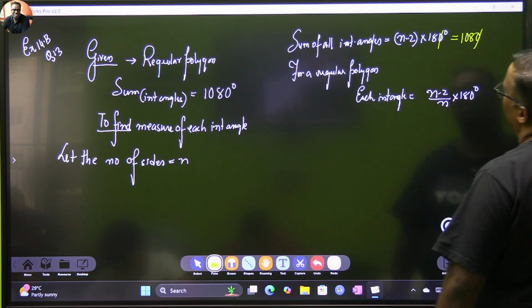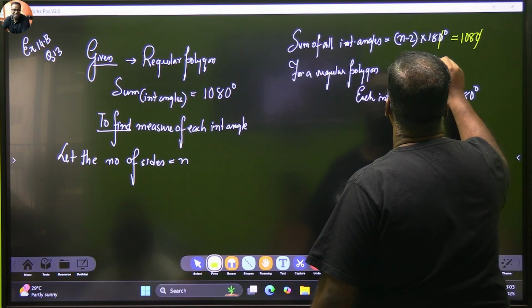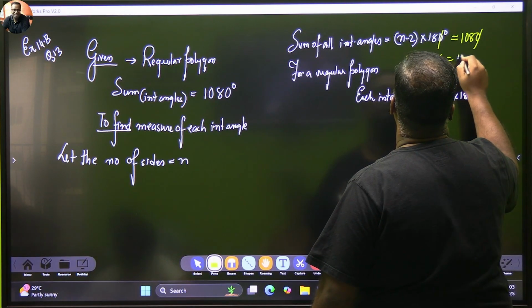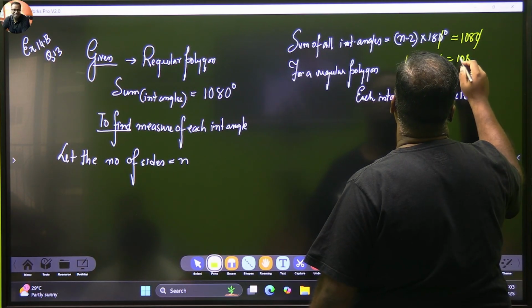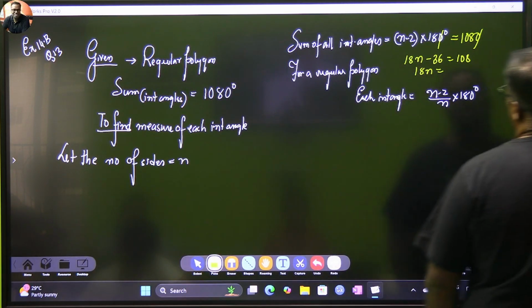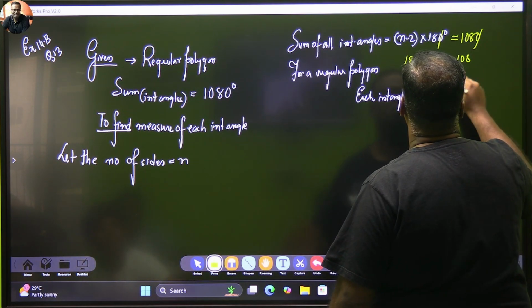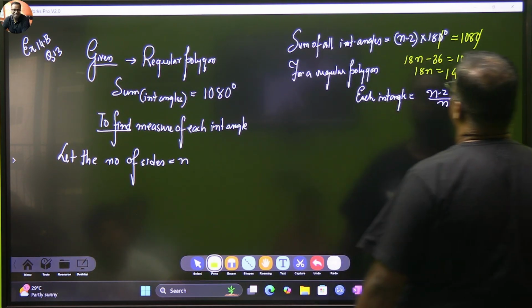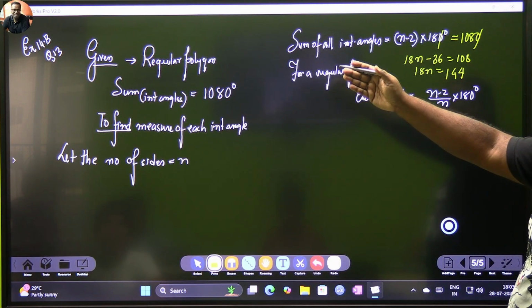Now how much are you left with? 18 times n minus 36 is equal to 108. 18 times n becomes equal to, adding, 144. So n should be equal to 8. Which one am I doing? D. I'm doing question number 13.